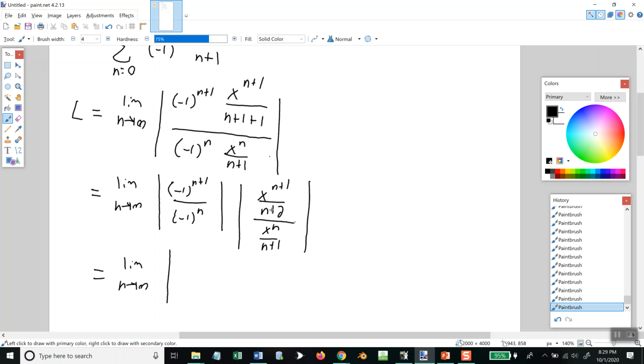And over here, I got x to the n times x to the first. We split up the x to the n plus 1 over n plus 2 times, flip the bottom, n plus 1 over x to the n.